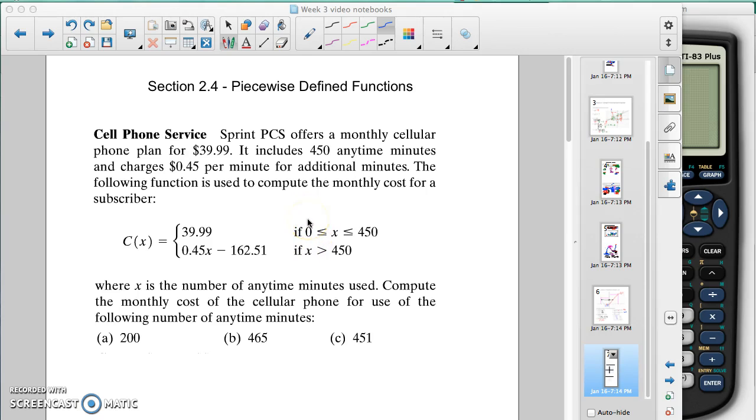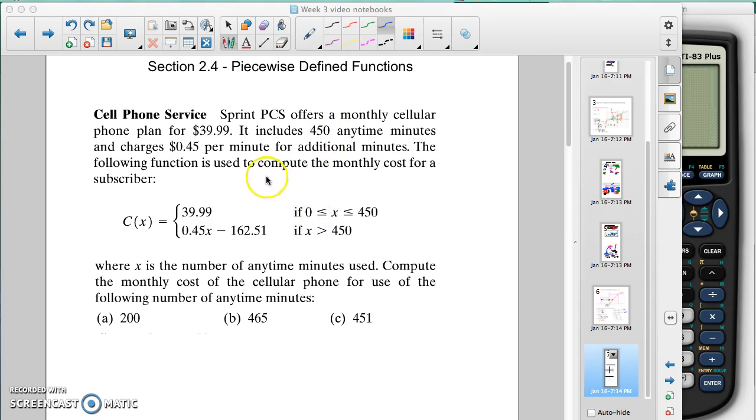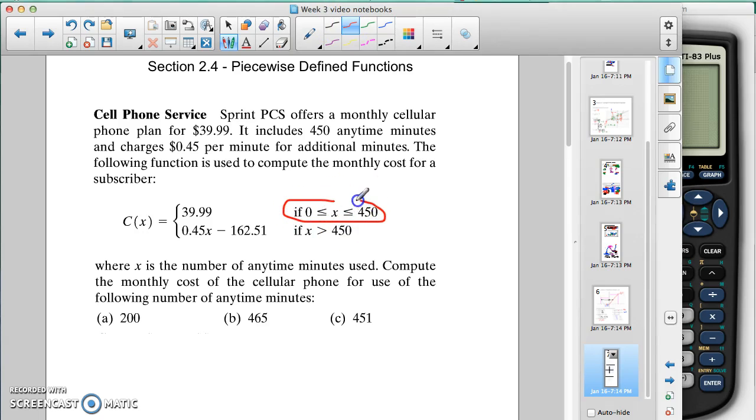In this case, we're just looking for some values out of this piecewise function. When we have so many minutes, we're going to define them in a different way. Anything between 0 and 450 in our domain, we're going to have that value.